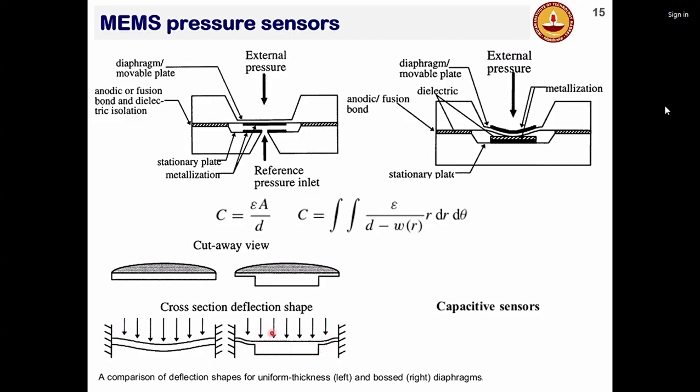So that is ideal for capacitance measurement, because then the distance between the 2 plates will be the same everywhere. Otherwise, there will be a variable capacitance across, right? So this kind of modification people have also tried to implement.